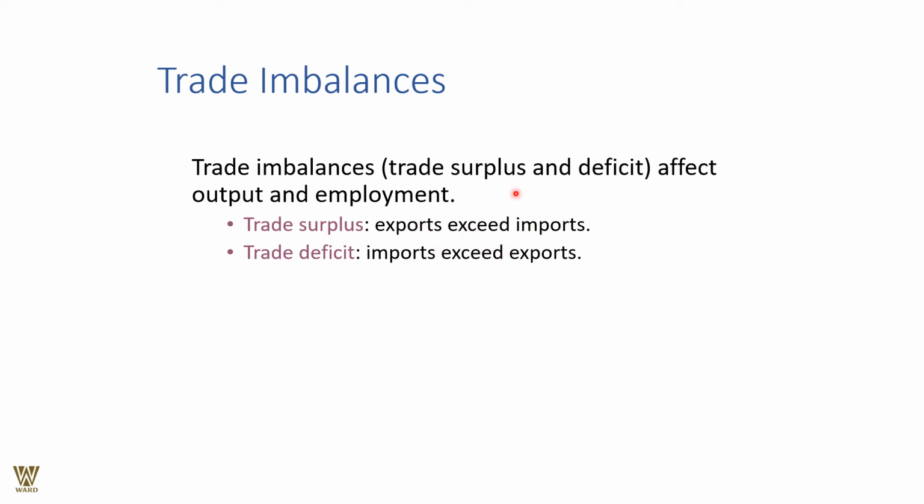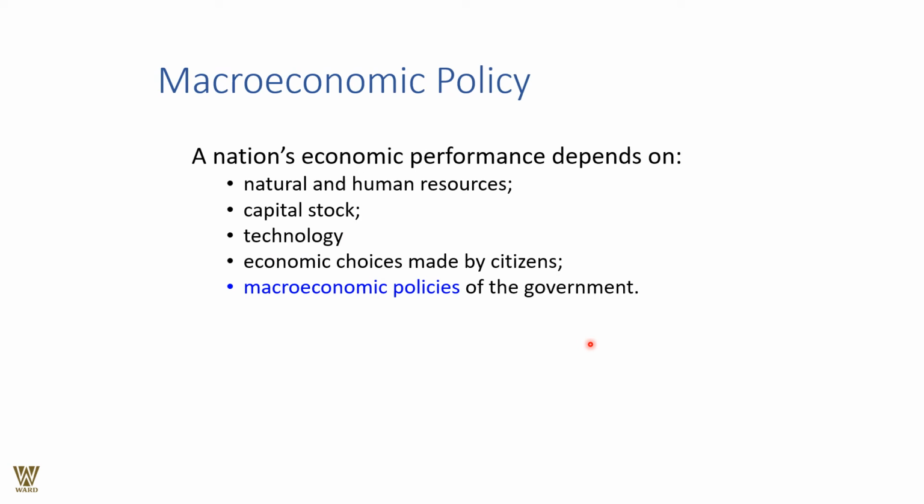That means you are exporting more, more money is coming in, and you are taking less, so less outflow of money. But in a trade deficit, it is the other way around: your imports are more, you are spending more money to get things like raw material, rather than exporting, because whatever you export gives you only a little amount of money. So overall, this is a trade deficit, as the case might be.